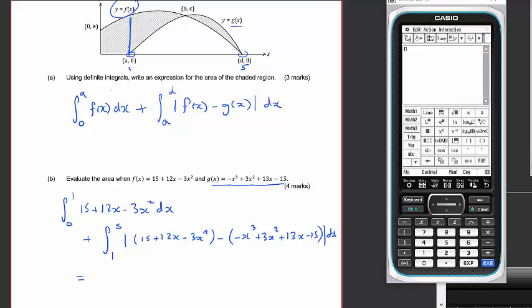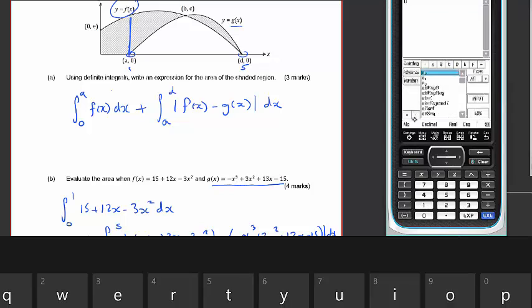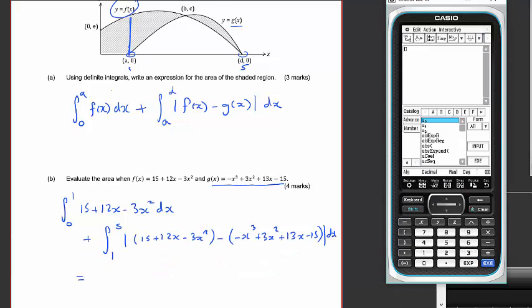So I might do these separately because there's a lot to type in here. Math 2 is where we find the integrals. And we're going to go from 0 to 1.